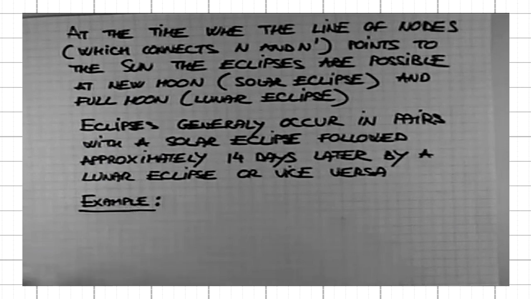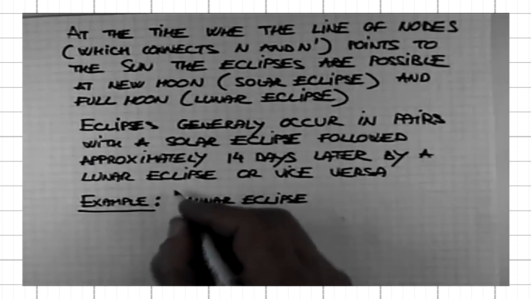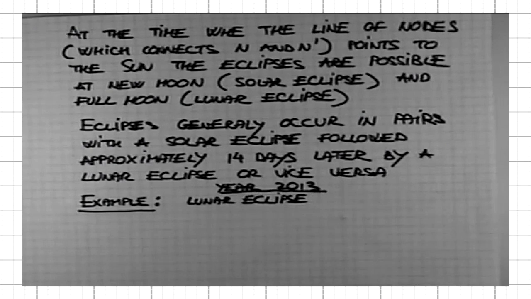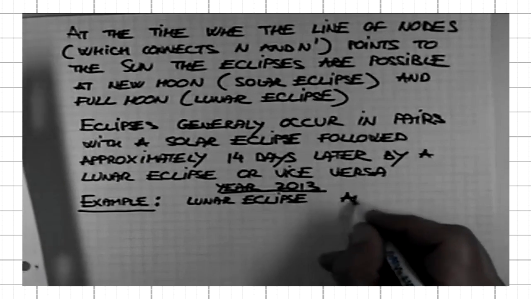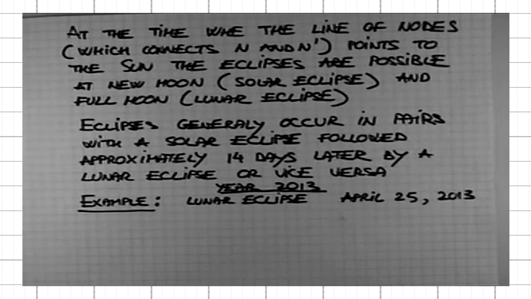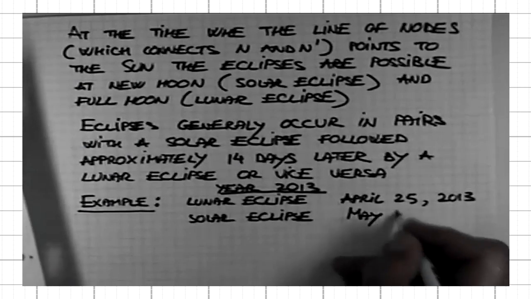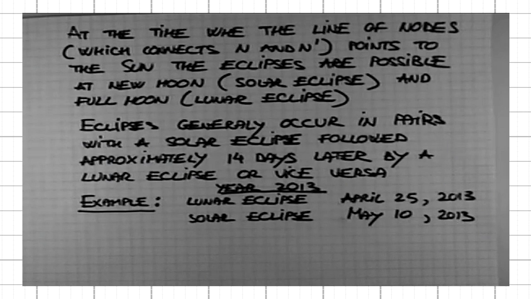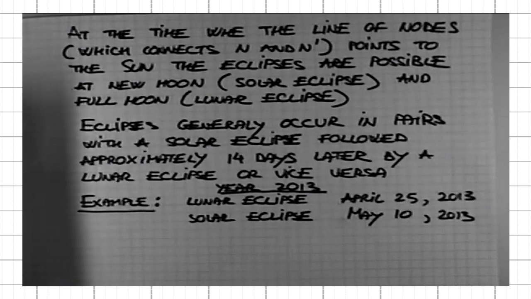So in 2013, there was a lunar eclipse. The lunar eclipse occurred on April 25th. And then there was a solar eclipse on May the 10th. Also, there will be a lunar eclipse on October 18th.